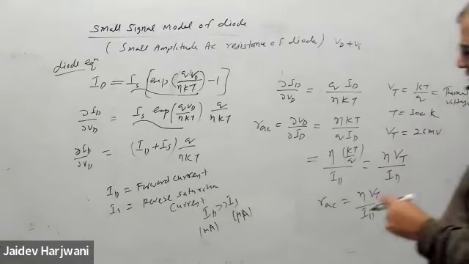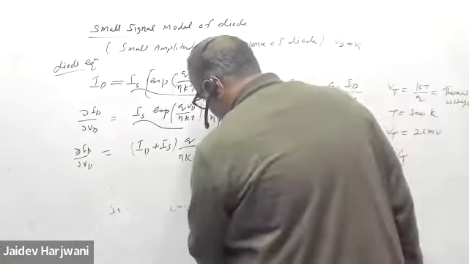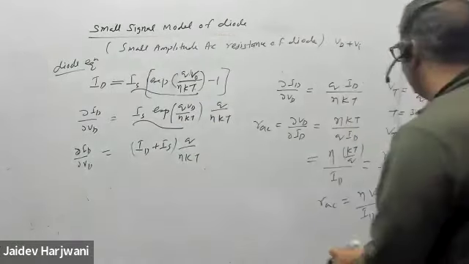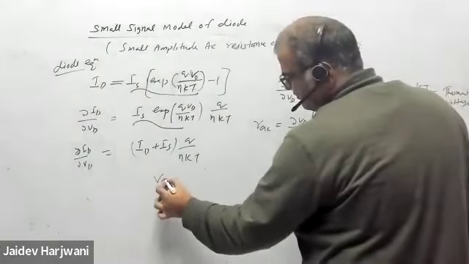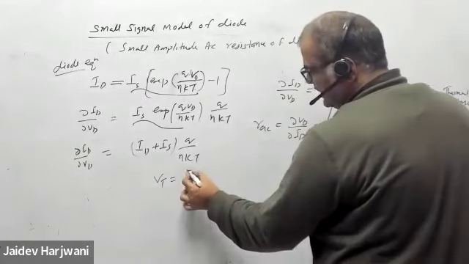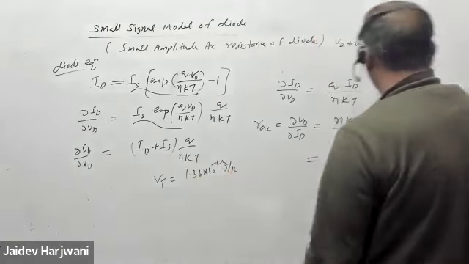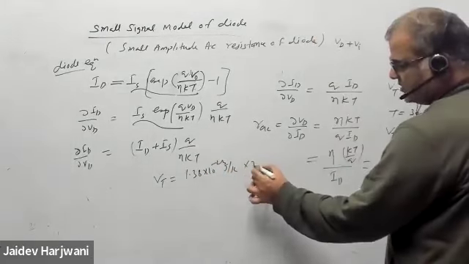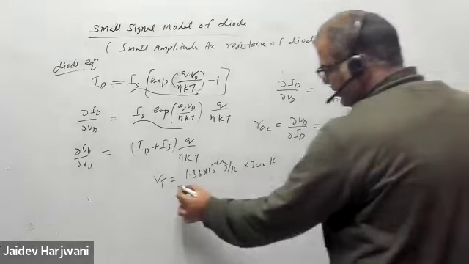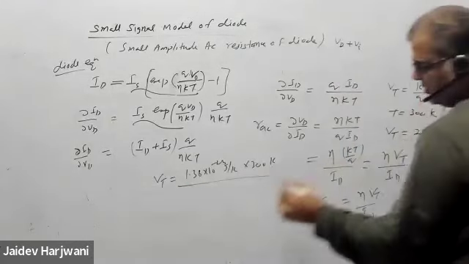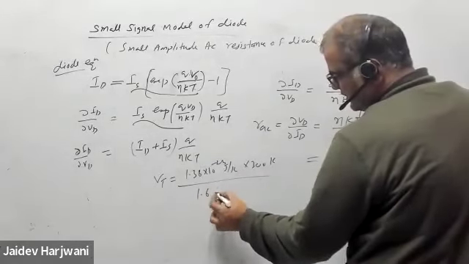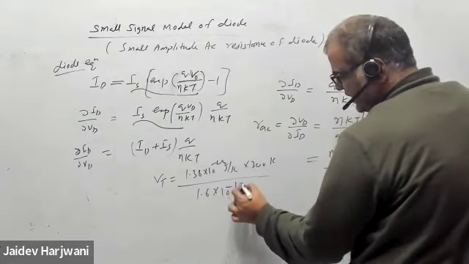We can calculate it now. KT is 1.38 into 10 to the power minus 23 joule per Kelvin. This is the Boltzmann constant. T is temperature, say 300 Kelvin. And Q is the charge of electron, 1.6 into 10 to the power minus 19.